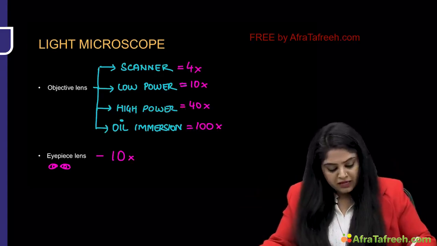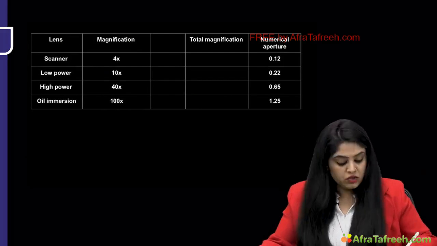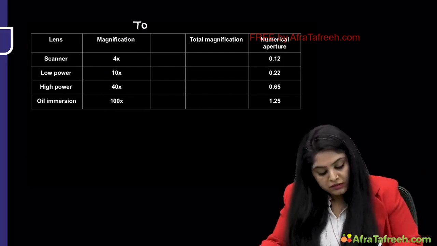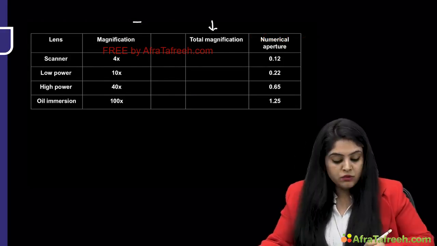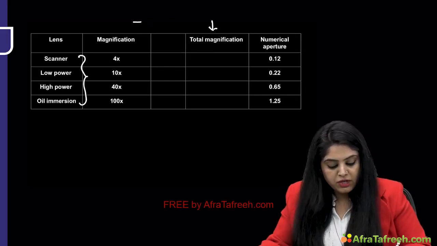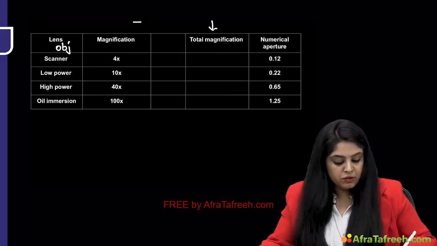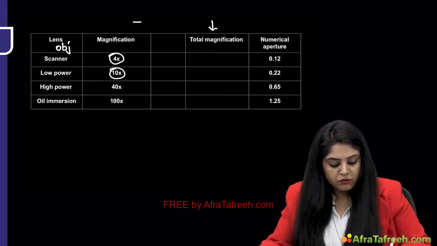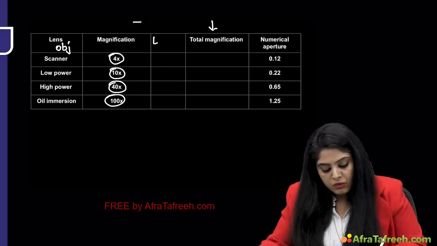So if they ask you what is going to be the total magnification, very, very important point, listen to me very carefully. First tell me the magnification of these 4 objective lenses, because you know they are 4x, 10x, 40x, 100x. That you are going to multiply with whatever magnification you have on the eyepiece.